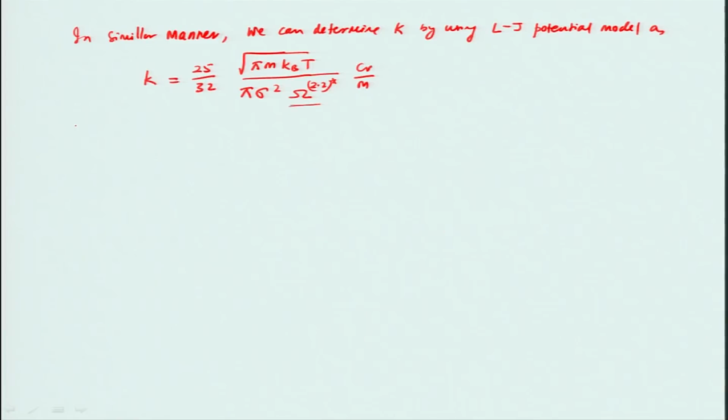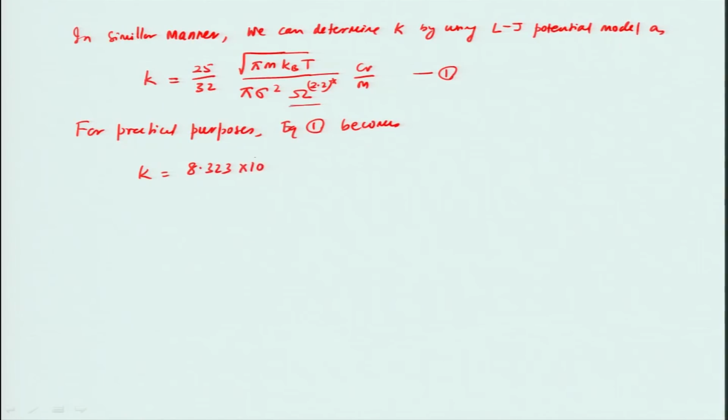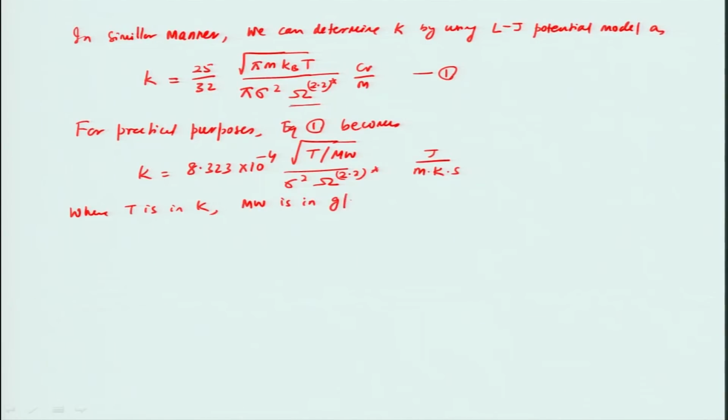For practical purposes, equation 1 becomes K is 8.323 times 10 power minus 4 times the square root of T over molecular weight, divided by sigma square omega 2,2 star, and this will be in joule per meter Kelvin second, where T is in Kelvin, MW is in gram per mole, and sigma is in nanometer.